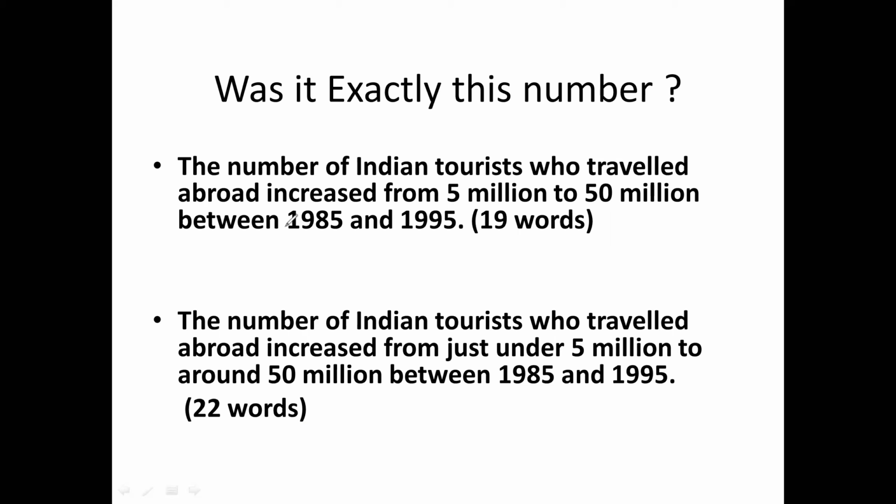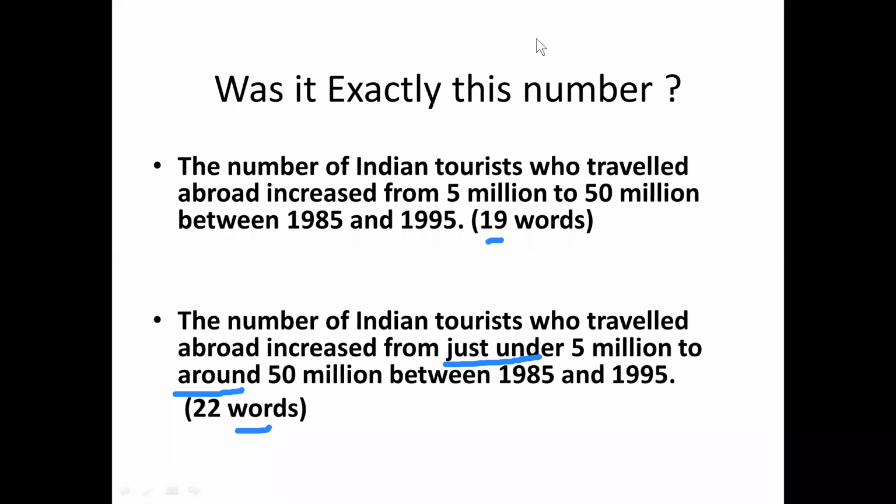So what we can add here is: the number of Indian tourists who traveled abroad increased from just under 5 million to around 50 million between 1985 and 1995. Usually the figures in a line graph or a bar chart are approximate. So by adding phrases like just under or around, we can increase the number of words from 19 to 22.